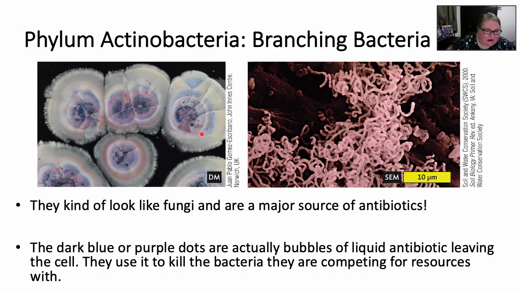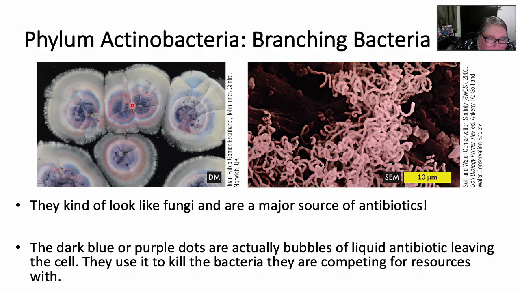Okay, so if we look here, hopefully my pointer's working. If you look here on this left side, you see these really interesting pink and blue and yellow marks in these colonies of bacteria. If you look really closely in these cells, you can see these bluish purple dots.